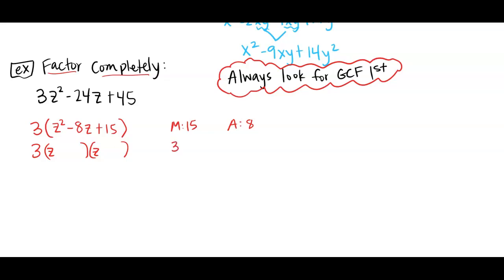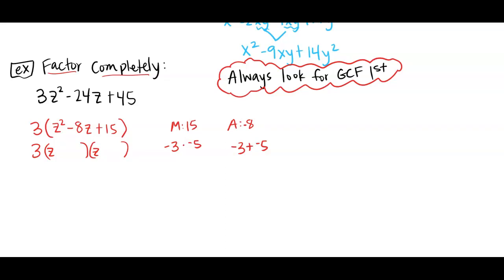Okay. So you come up with negative 3 and negative 5. When I multiply those together, I get positive 15. If I add them together, I get, oops, I meant to put negative 8 there, negative 8.